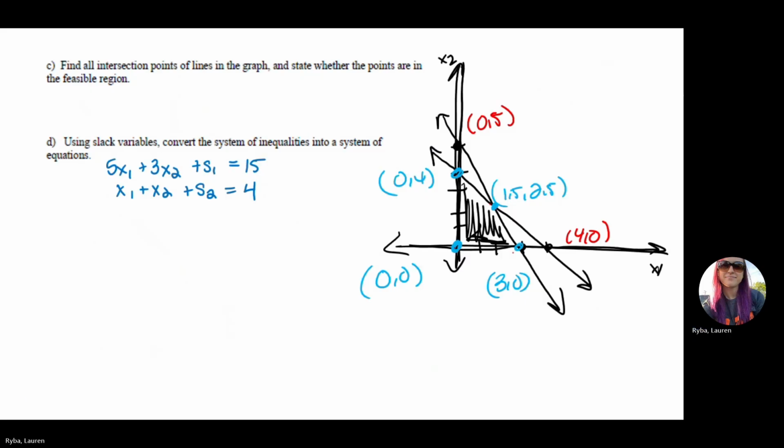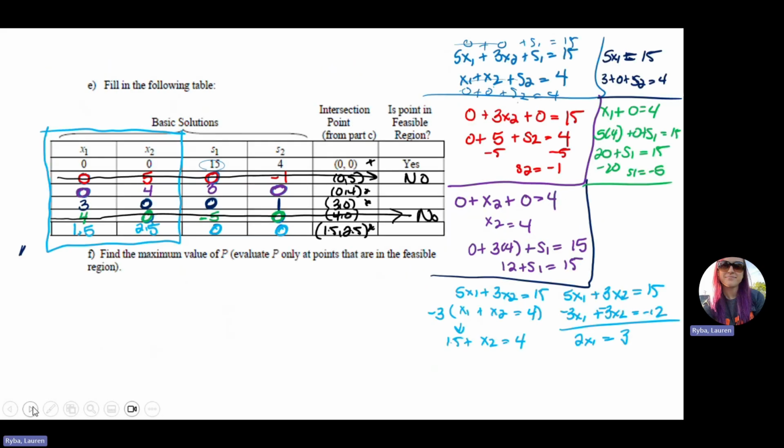Okay. So then once we have our table done, all we have to then do is find our P. We know it's not going to be 0, 0. I want to get a maximum, right? Plugging in zeros is not going to give me my maximum. So we have 12x1 plus 10x2. So I'm just going to check those last 3 then. 0, 4; 3, 0; 1.5, 2.5.